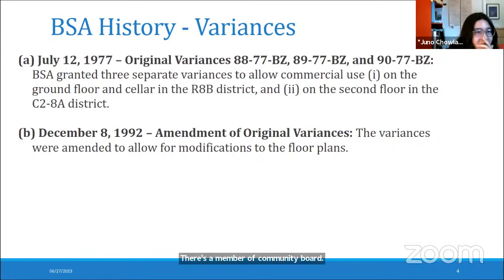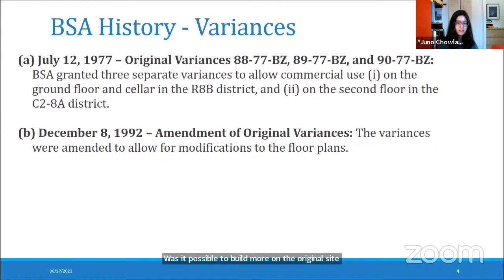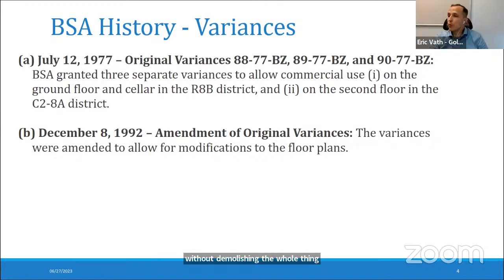Sorry if you mentioned this before. It wasn't clear to me. Was it possible to build more on the original site without demolishing the whole thing? On which site? On the variance site or the receiving site? The variance site.